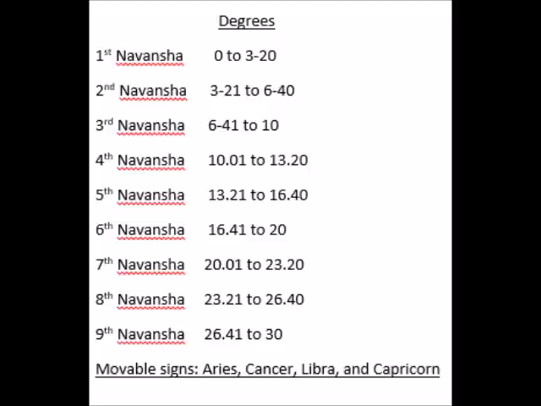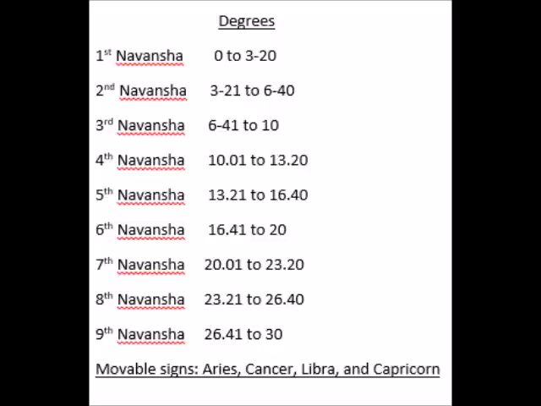So what do we do? We create a trine from Aquarius. A trine is like a triangle, 1, 5, and 9. So Aquarius is sitting in the first house in the trine, and it is not a movable sign, so we cannot calculate the Navansha from Aquarius.